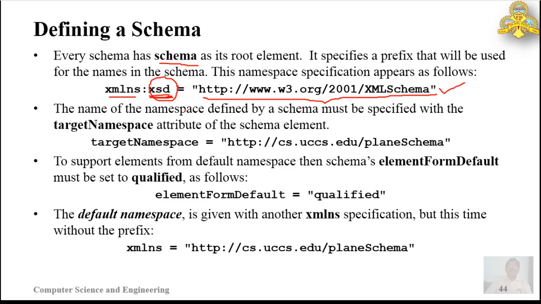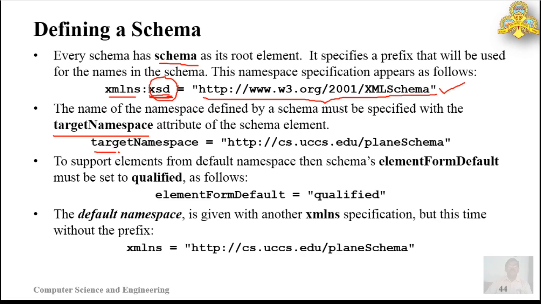So XSD is considered as XML schema and the definition is provided in this URI. And we are creating the XML schema prefix as XSD, and a target is to be provided for which application or web application we are creating this.